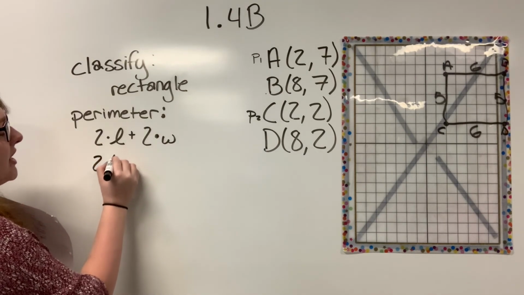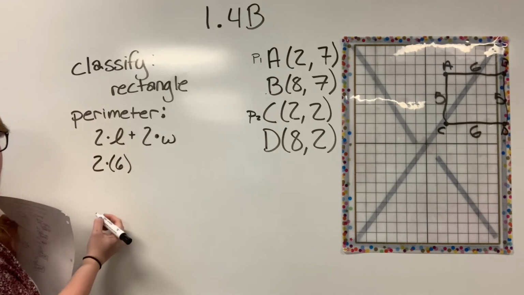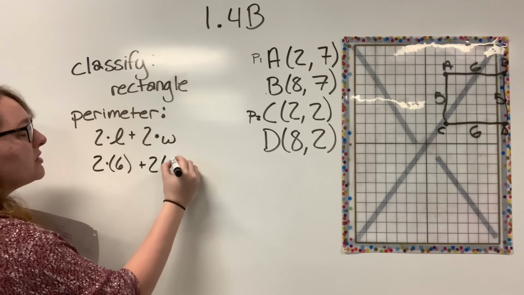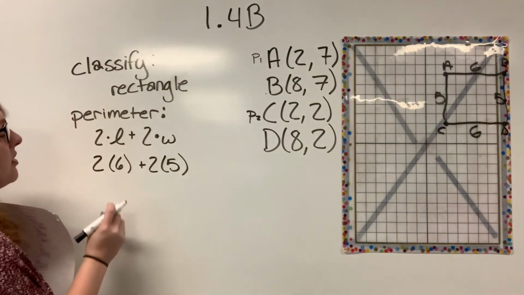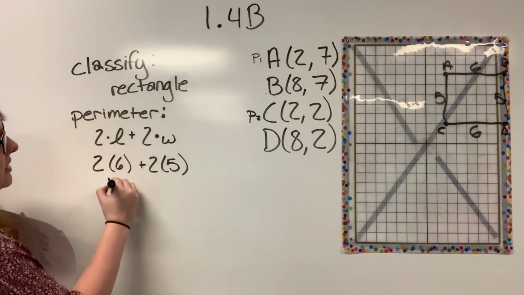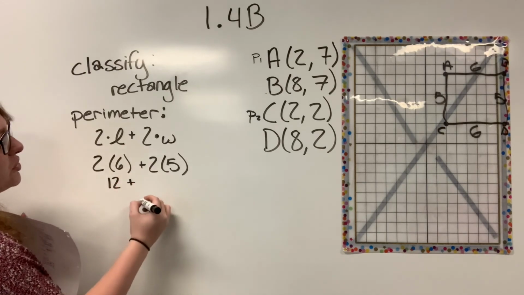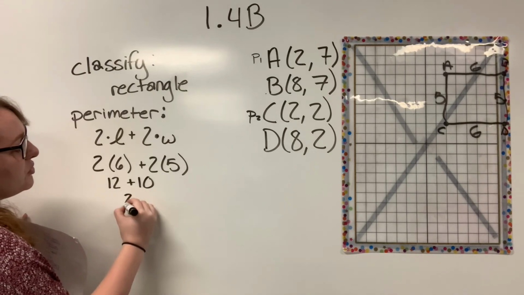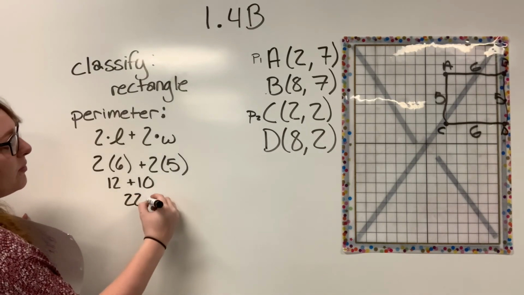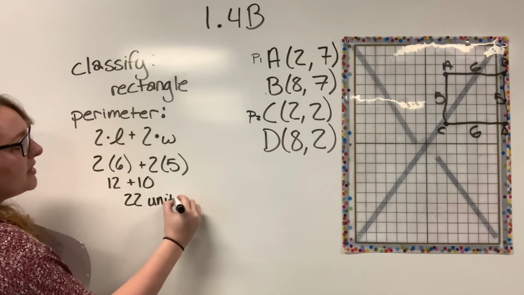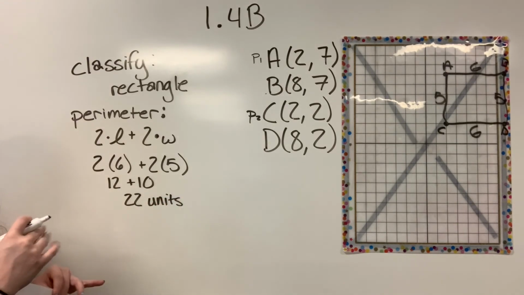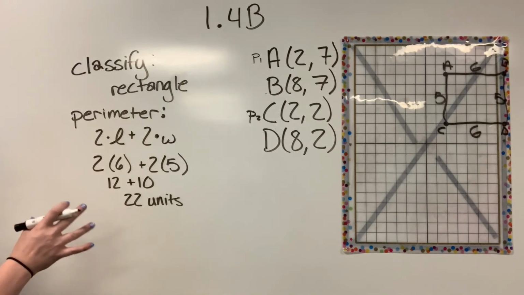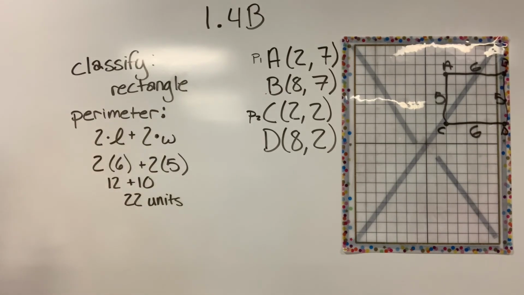The long side is 6, so we have 2 times 6, plus 2 times the short side, which we know is 5, so 2 times 5. 2 times 6 gives you 12, plus 2 times 5 gives you 10, 12 plus 10 gives you 22, and so the perimeter is 22 units, because we don't know if they're inches, miles, kilometers, centimeters, whatever. So we keep it at 22 units, okay?